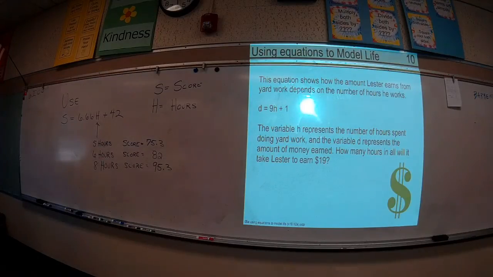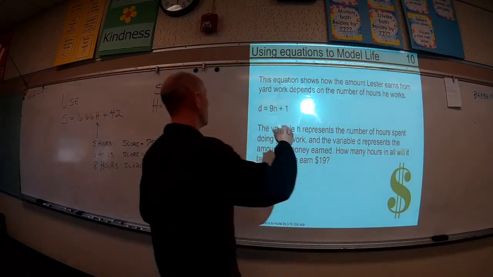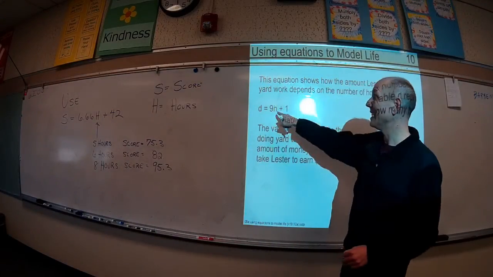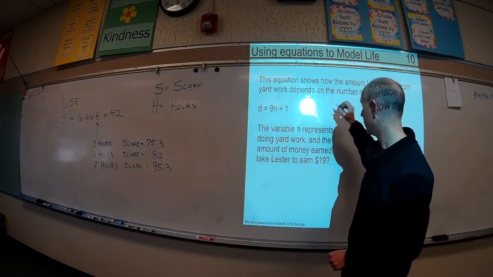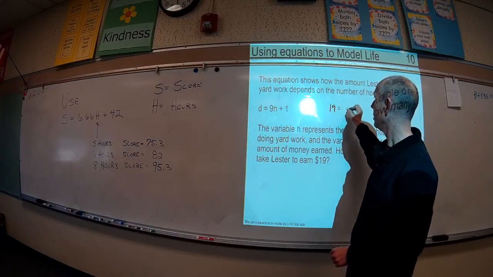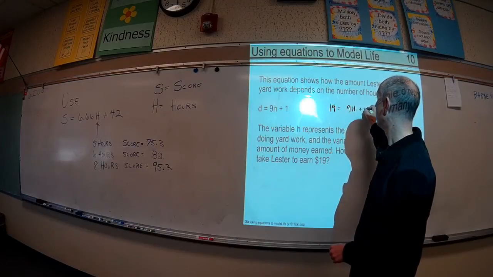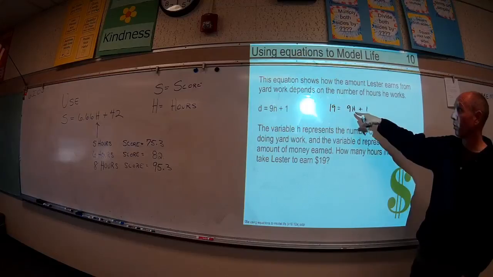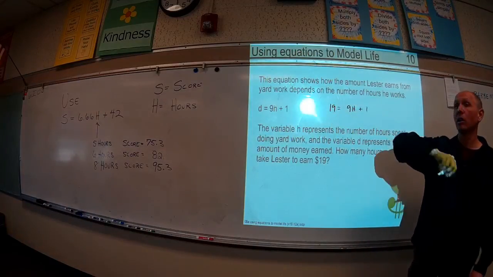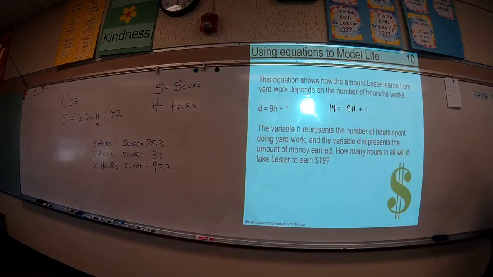That seems like a lot of work for $19. So what you guys are doing, you plugged it in here, but this is dollars. It's going to go right there for dollars. So 19 equals 9H plus 1. If I work for 1 hour, I make $10. If I work for 2 hours, I make $19. So 2 hours, $19.